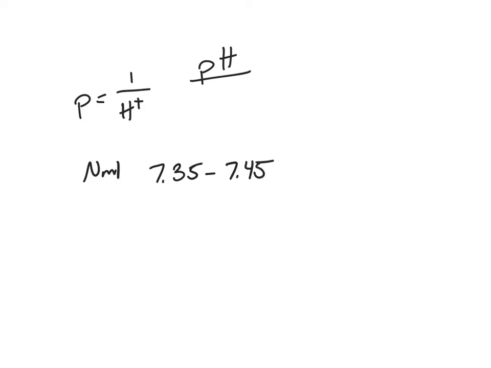Now, completely neutral is 7. So you can see that the body hangs out just a little bit on the alkalotic side, and we really don't have a whole lot of wiggle room there. Anything lower than 7.35 is considered acidotic, and anything greater than 7.45 is considered alkalotic.